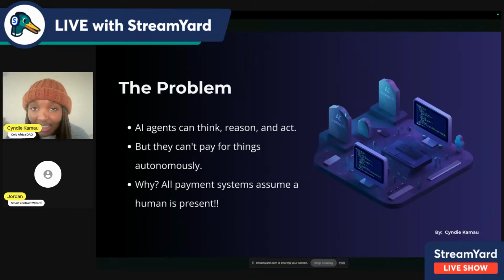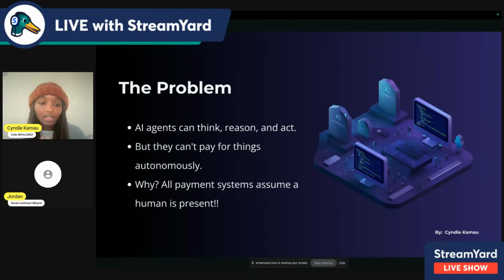Previously, all payment systems were designed with the assumption that a human will always be present. When we were designing payment systems like card systems, and even with crypto, we assumed that in case any transaction is needed, a human needs to be there to do the intervention in all the payment procedures.